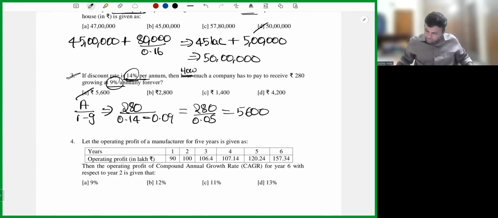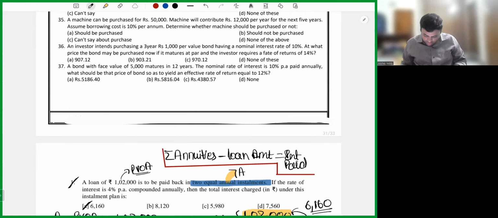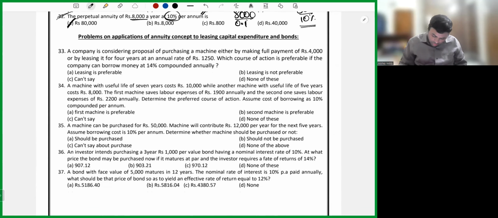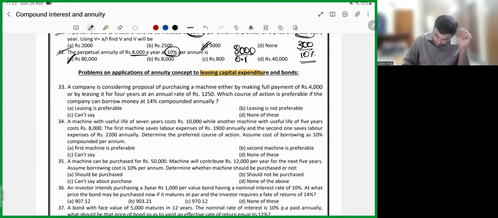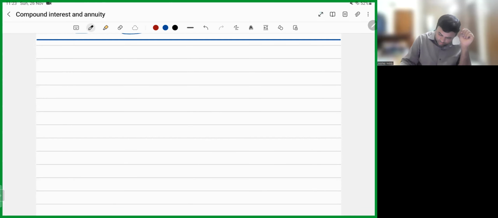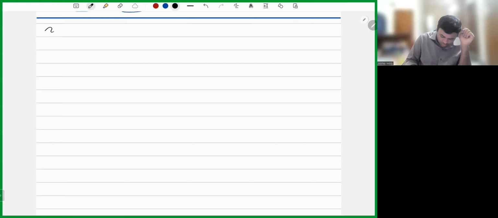Okay. Now, before going to CAGR, my dear friends, there is this leasing concept which I want to complete. First, let me tell you what this leasing is and how you will take decisions when the leasing concept is given.